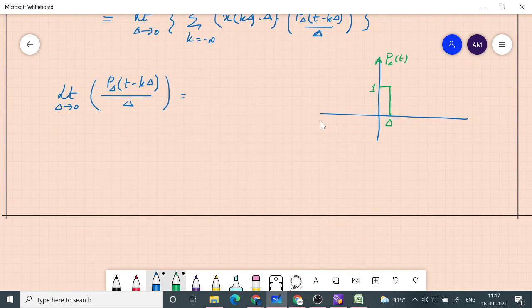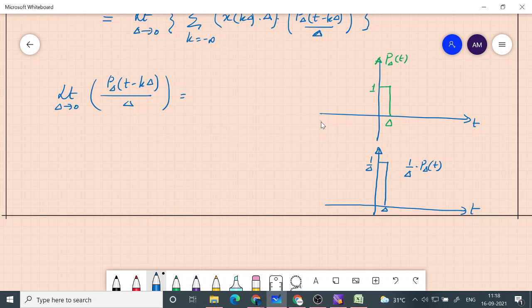Let me also draw another function here. So this is my time. I'm multiplying with 1 by delta. Delta is very small, so this is delta and this is 1 by delta. And what is this function? 1 by delta multiplied with p delta.